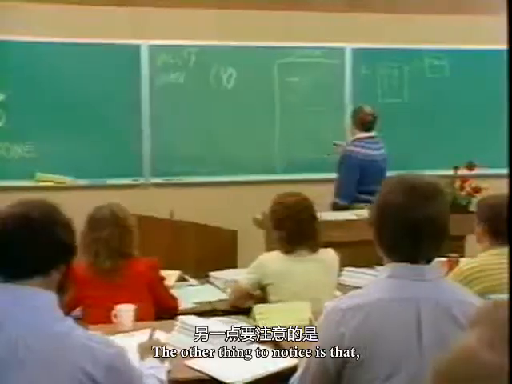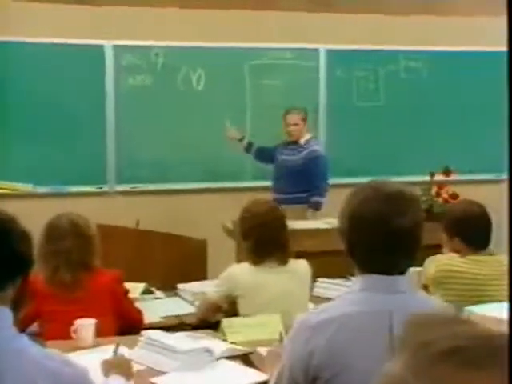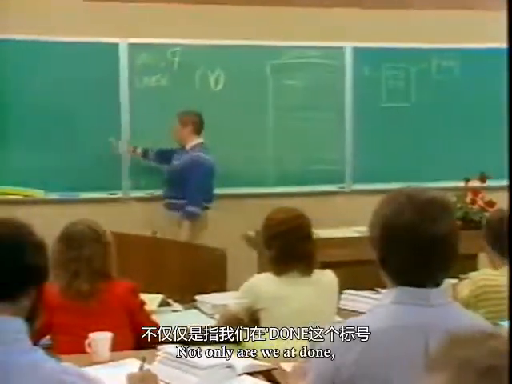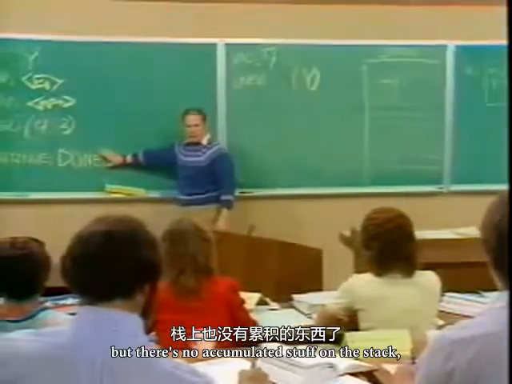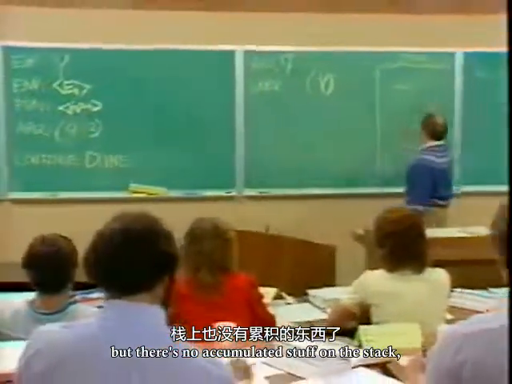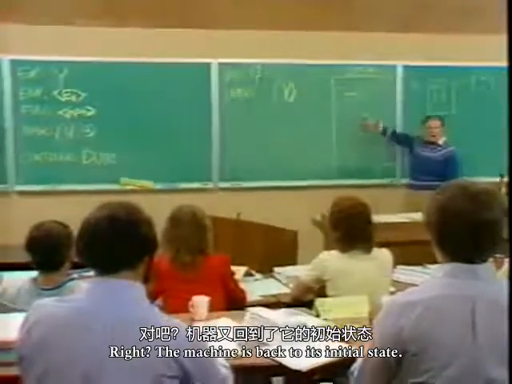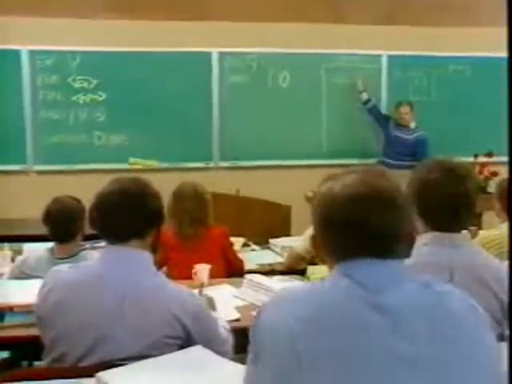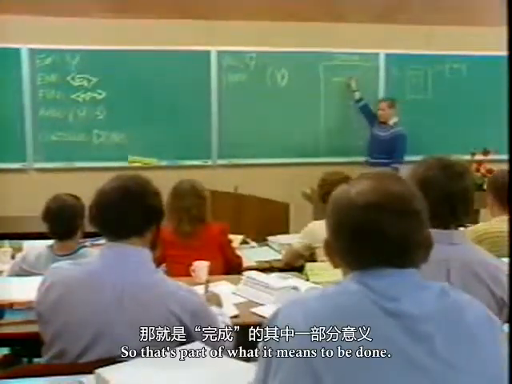The other thing to notice is that when we're done here, we're really done. Not only are we at done, but there's no accumulated stuff on the stack. The machine is back to its initial state. That's part of what it means to be done.